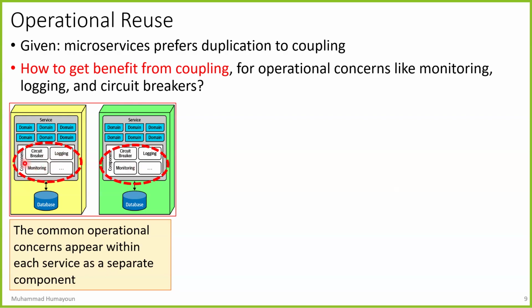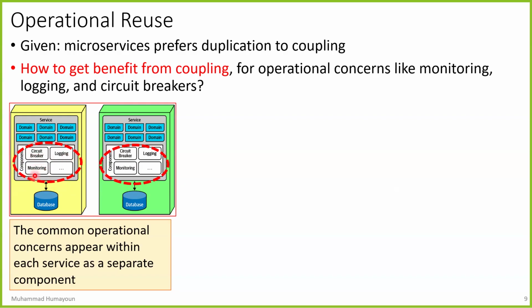And this component is also not related to the domain. So if you somehow can let them communicate through some service channel, for instance, let me explain how and why we need that. Let's say I am depending on some third-party API to provide me this circuit breaker functionality, logging and monitoring.